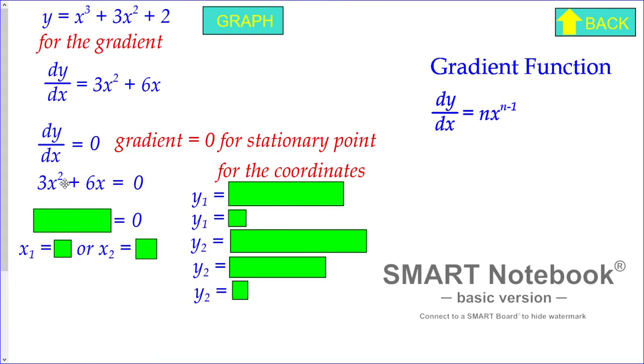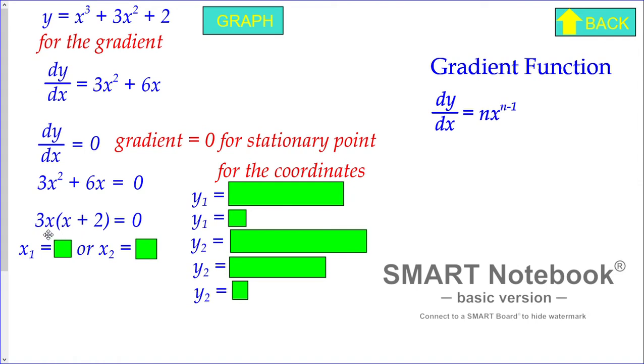Here we're going to have 2 answers. Recall that when you're trying to solve a quadratic, you have 2 answers. So we have to factorize first. Let's factorize out the 3x, so we end up with 3x times x plus 2. After we factorize, we can figure out which values of x will make this equal to 0.